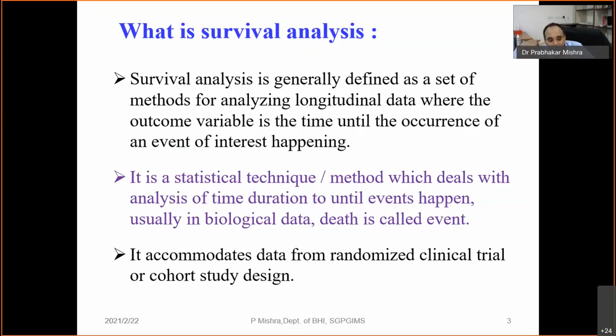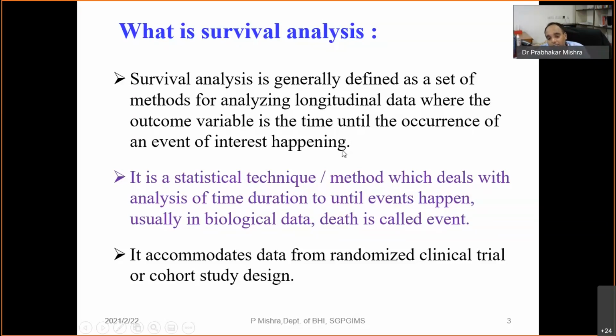It means that over a longer period of time we follow the patient, as in a cohort study. When we follow the patient, that is called longitudinal data, where the outcome variable is the time until the occurrence of an event of interest.